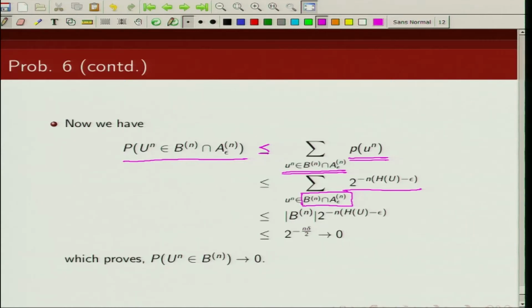This is the same as the cardinality of this set multiplied by this probability.